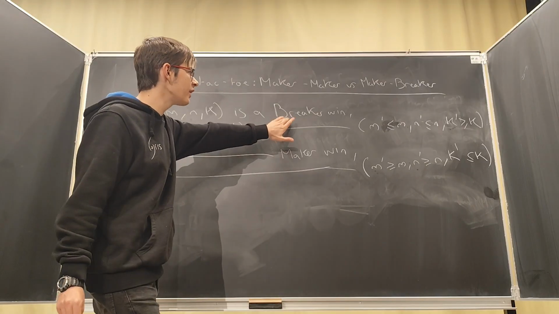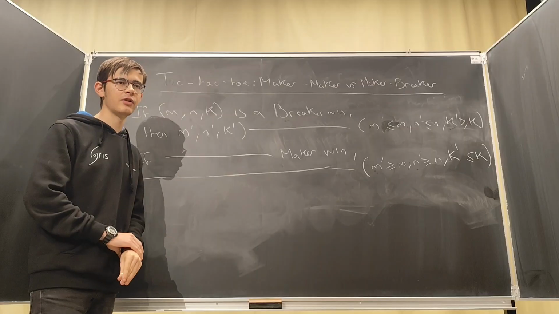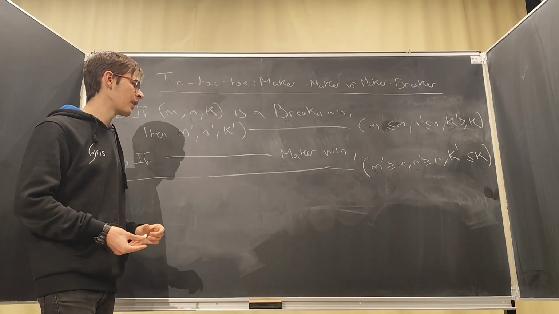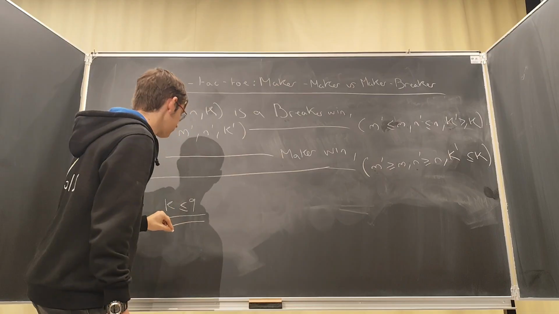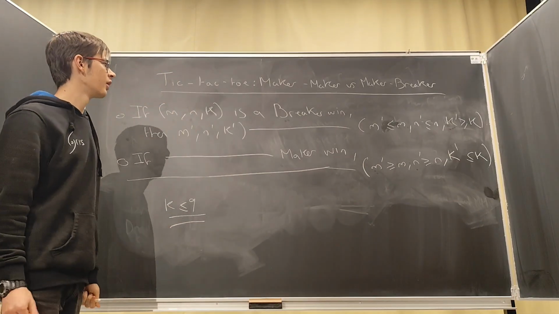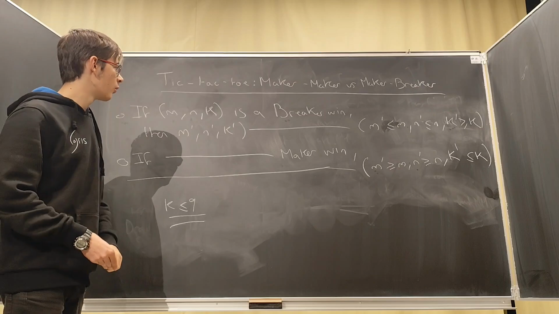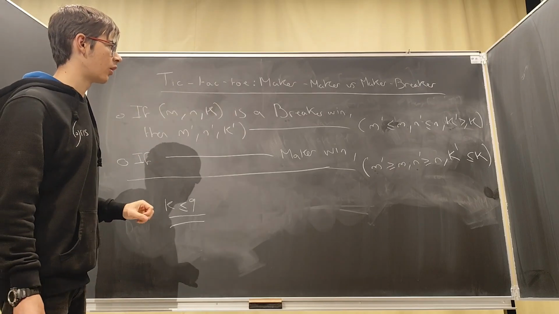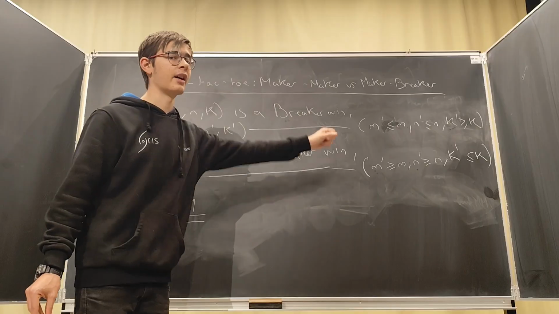But the Breaker version is quite useful because, for instance, in the last video we said that for K smaller than 9, the Maker-Breaker tic-tac-toe on an infinite board is a draw. Well, thanks to this result, we also know that it's a draw for any finite board.